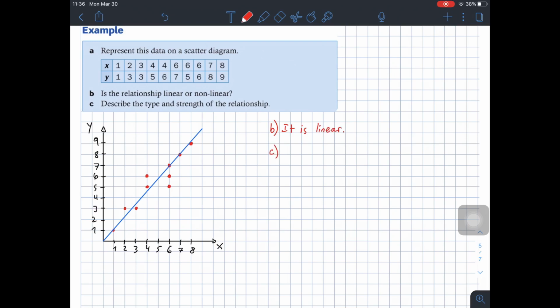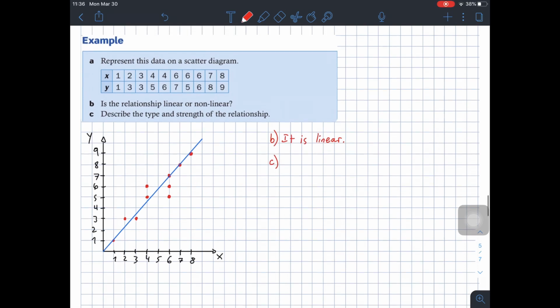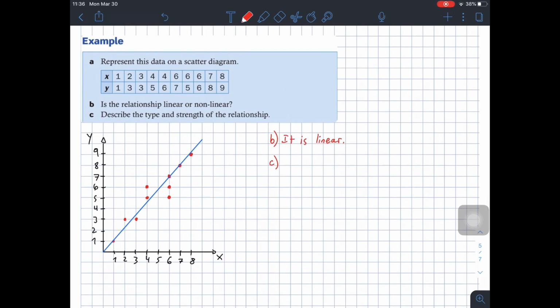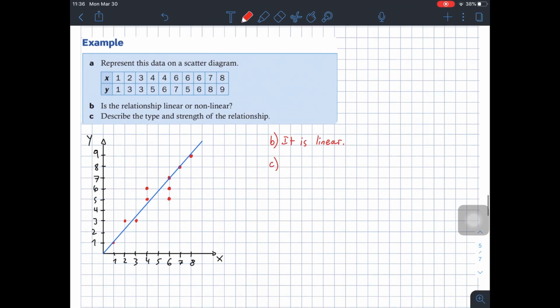And then for part C, describe the type and strength of the relationship. By looking at the pattern, we would say that it is positive. There's a positive correlation. But how positive? In this case, because the points are grouped and there's a very low spread, I would say this is a strong positive correlation.